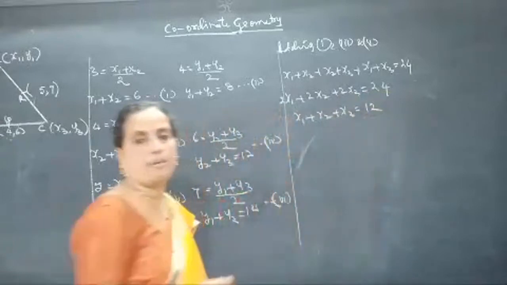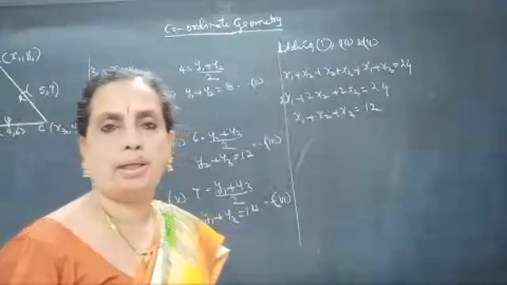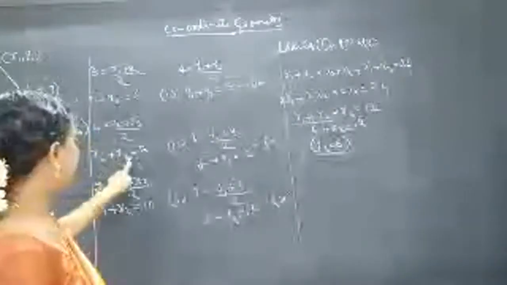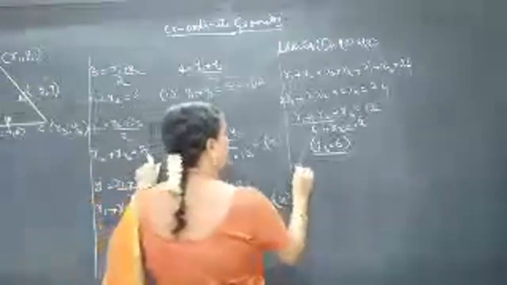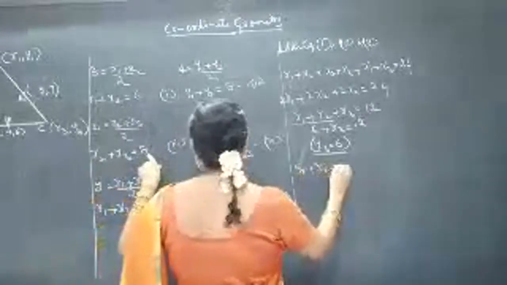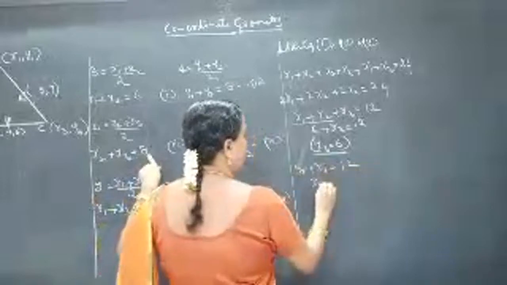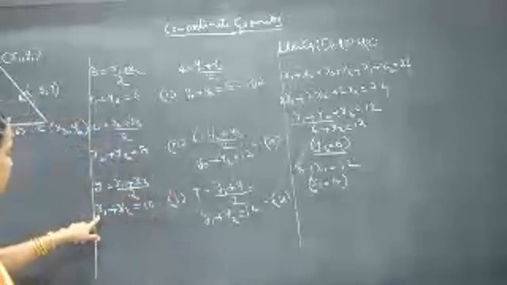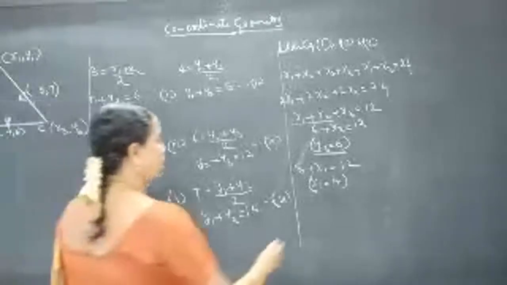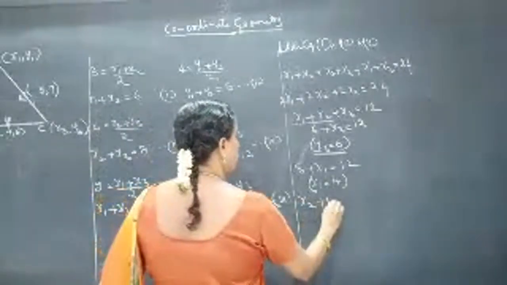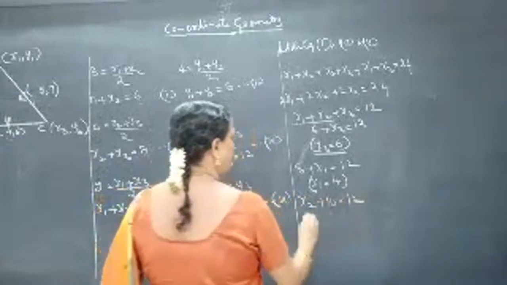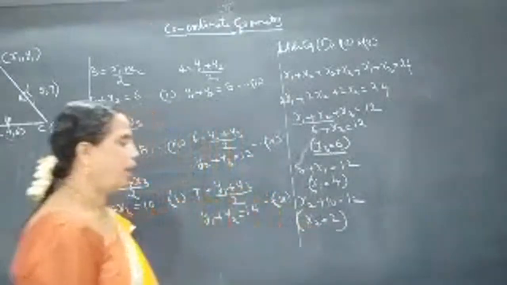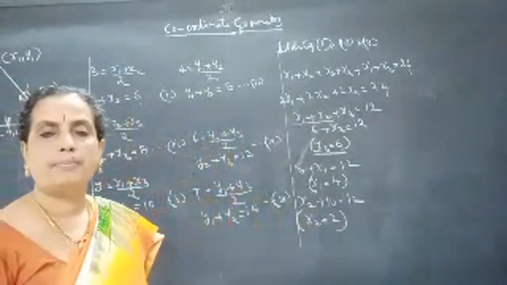I think such type of answer we did in the circle chapter. Here x1 plus x2 is 6. Second, x2 plus x3 is 8, so 8 plus x1 equals 12, x1 equals 4. Then x1 plus x3 is 10, so x2 plus 10 equals 12, x2 equals 2. So we got x1, x2, x3.